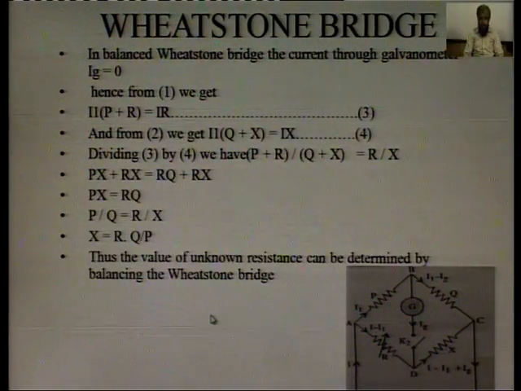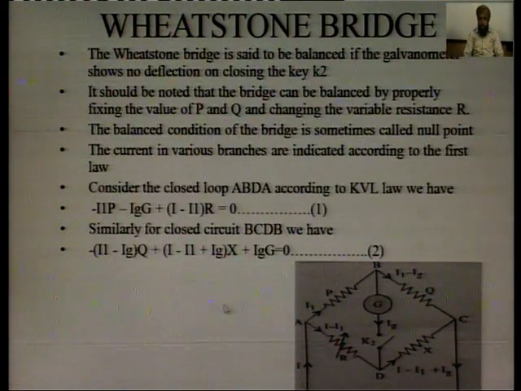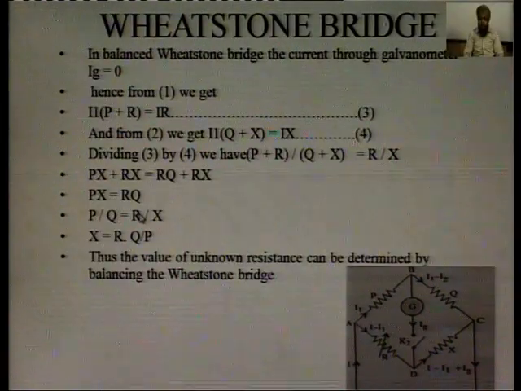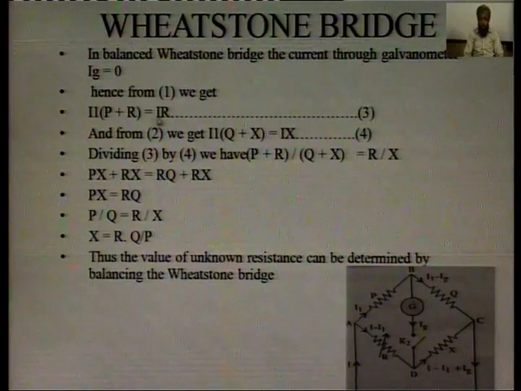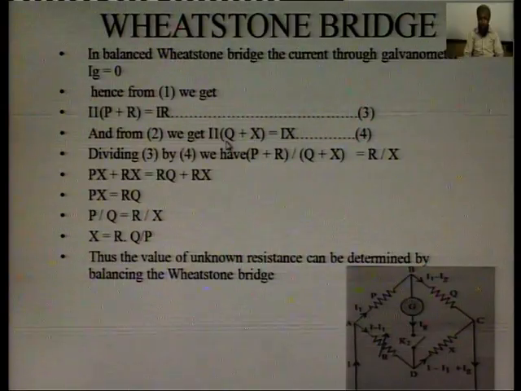In a balanced Wheatstone bridge, the current through the galvanometer will be zero. At the point where the potential at points B and D is equal, there will be no current in the galvanometer. At this point, Ig will be equal to 0, and by putting Ig equal to 0, equation 1 becomes I1 into (P plus R) equals IR, and equation 2 becomes I1 into (Q plus X) equals Ix.